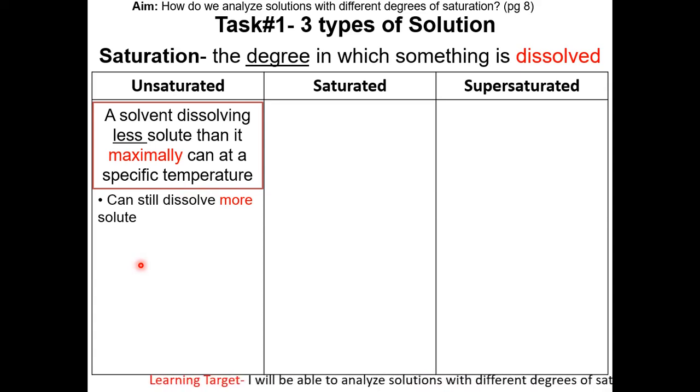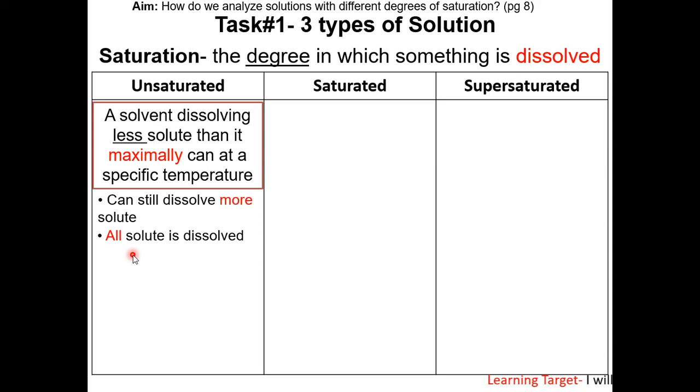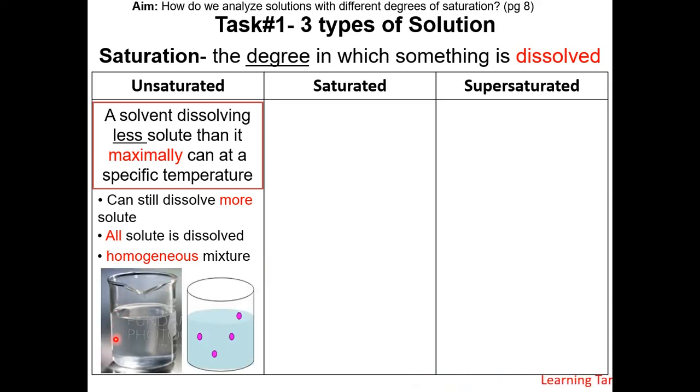This means the unsaturated solution can still dissolve more solute. Therefore, all solute is dissolved, and this solution is considered a homogeneous mixture. This picture is showing an unsaturated solution because all the solute is dissolved, and if you add more solute, it will dissolve it as well.